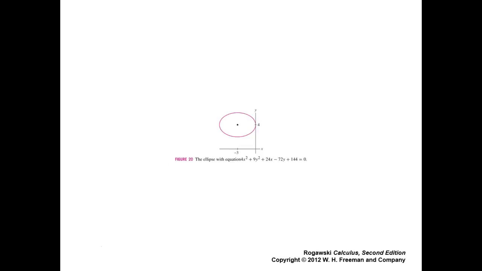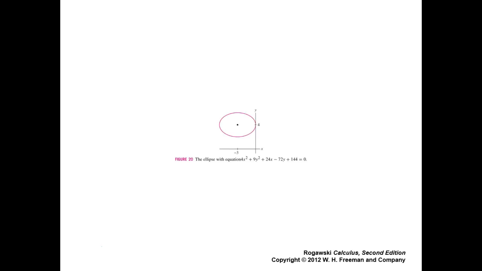We're not going to go into that kind of detail at all, but if you ever need to, that's how it's done. This one has a translation but no rotation, and you notice there are no cross terms. You can find where your center is by completing the square with these two terms and those two terms.